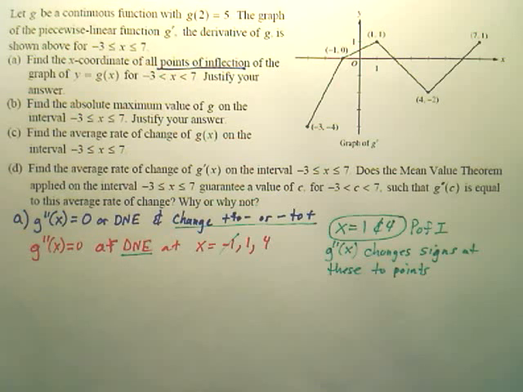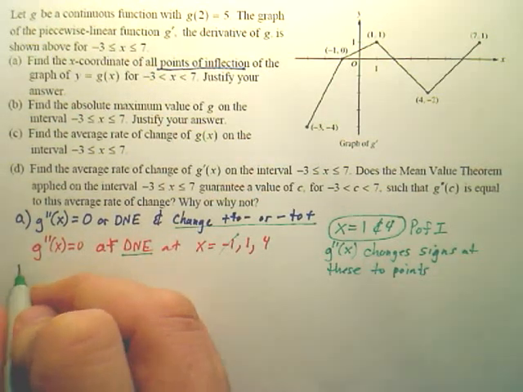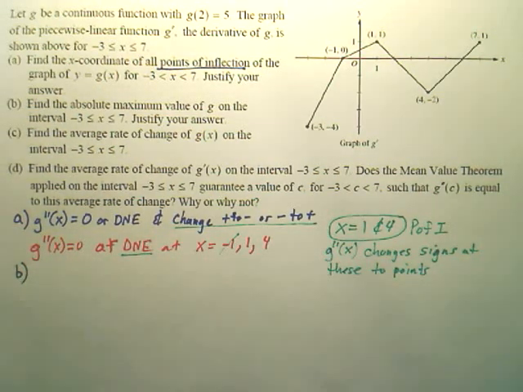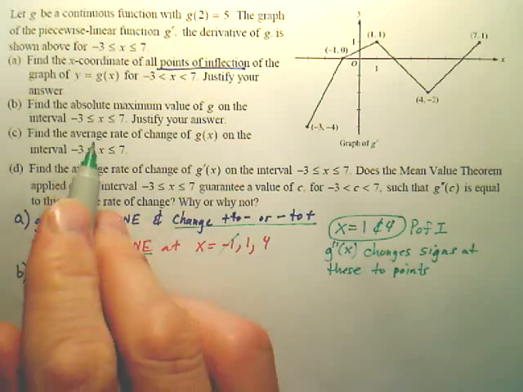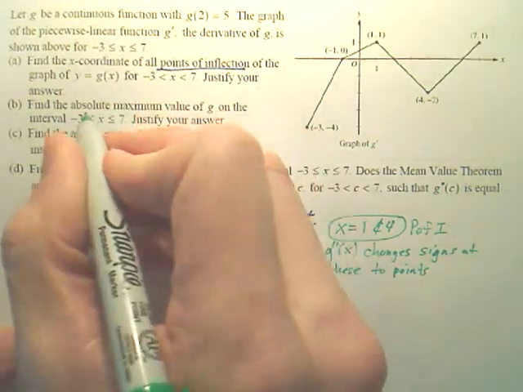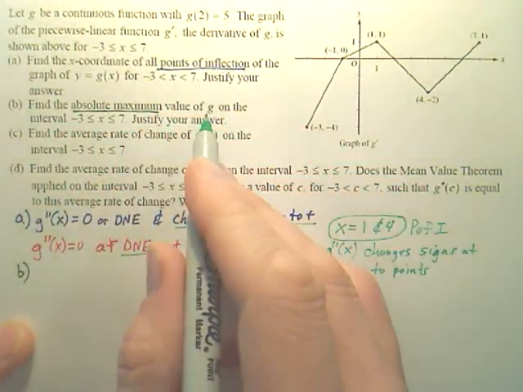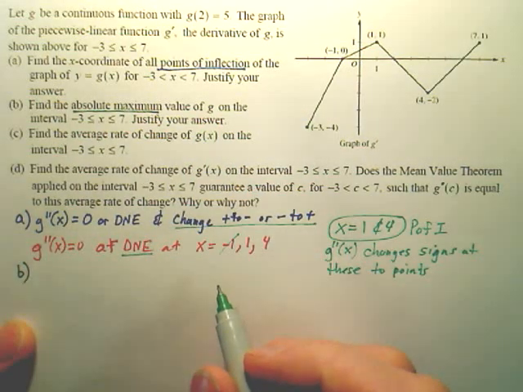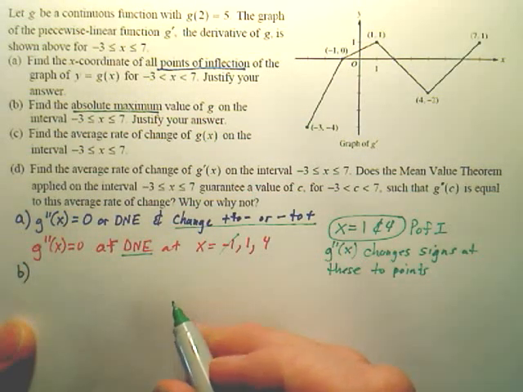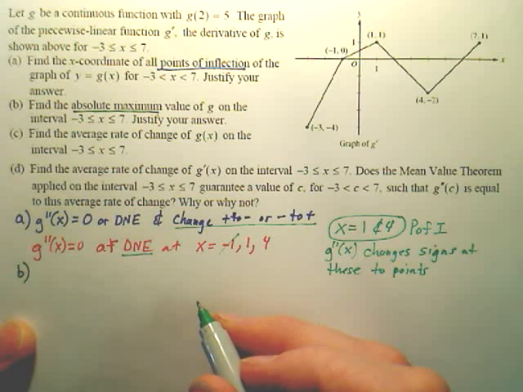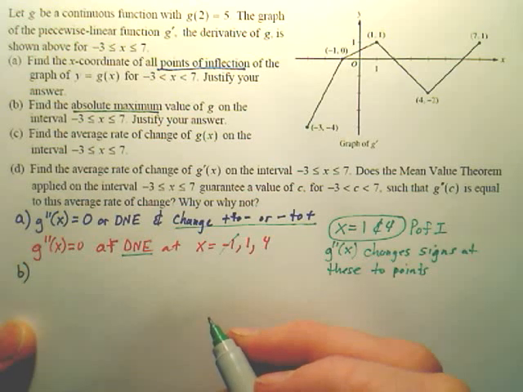Now, the next one. If we're doing B, find the absolute max of G. To find the absolute max, you need to first find the relative maxes and the endpoints.